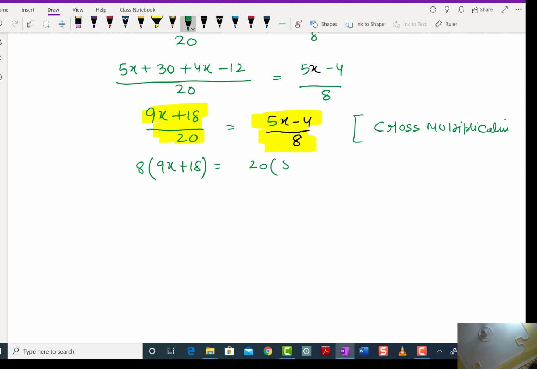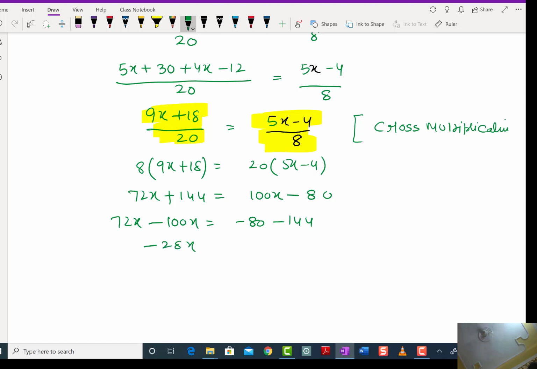This will be 20 into 5x minus 4. So multiply: 72x plus 18 into 8, 144, is equal to 100x minus 80. So 72x minus 100x, minus 80 minus 144, minus 28x is equal to minus 224.